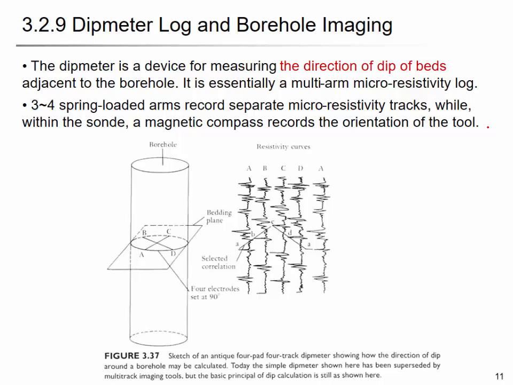So the dipmeter log is, you have a small electrode at one plane, and you measure the electrical resistivity as you go deeper. And differences in the electrical resistivity can tell you about the bedding plane, whether it's the sedimentary bedding plane.